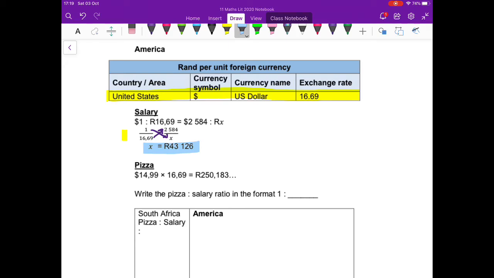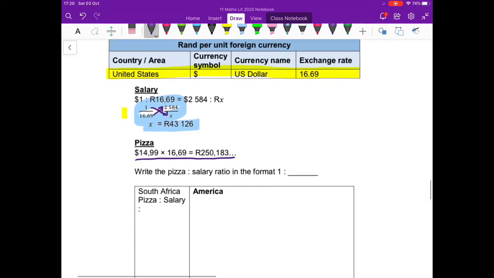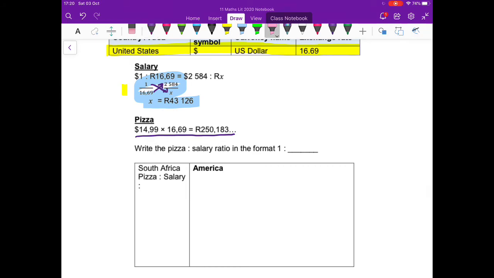Now, because we know the method to do the conversions from dollars to rands, here we just multiplied. So you are going to apply the same principle here, and that same pizza would cost 250 Rand 183. And that's why I put this, write the pizza to salary ratio in the format. So in other words, we are finding a unit ratio. We did this in scale as well.